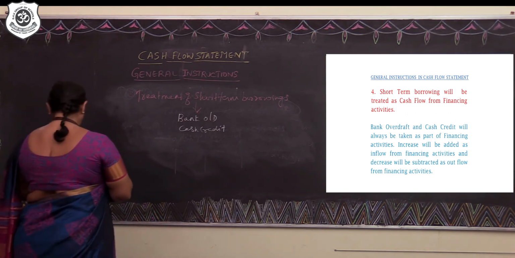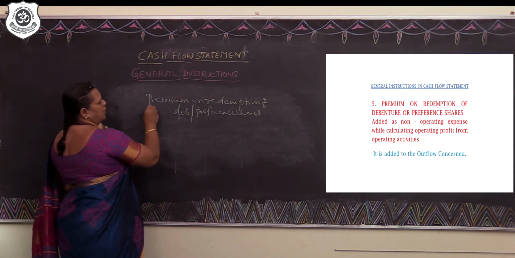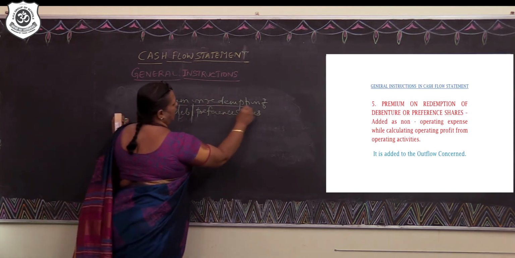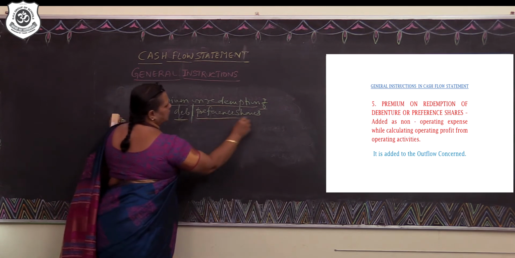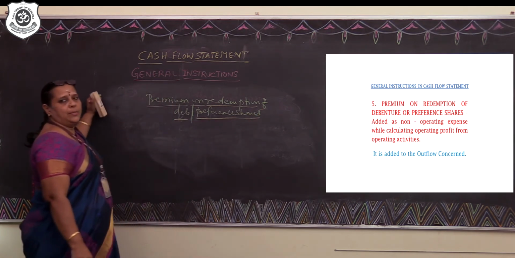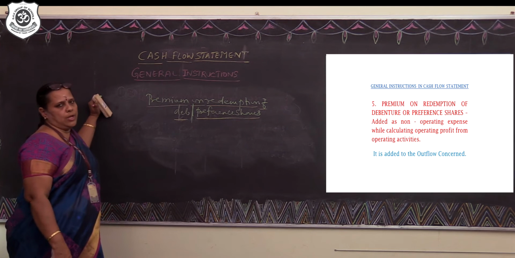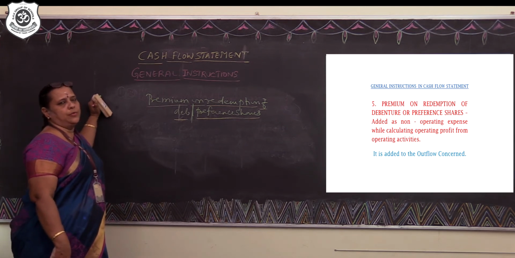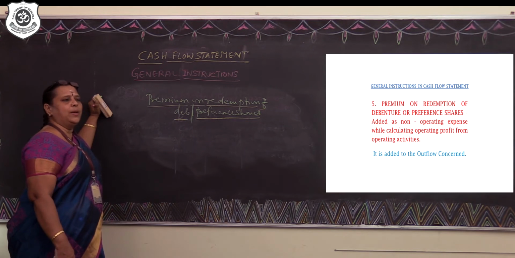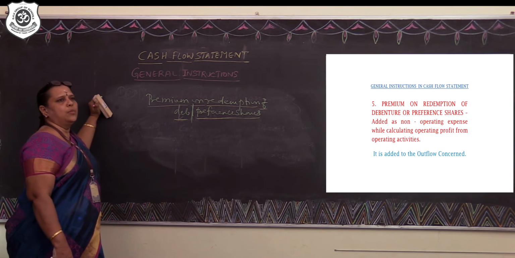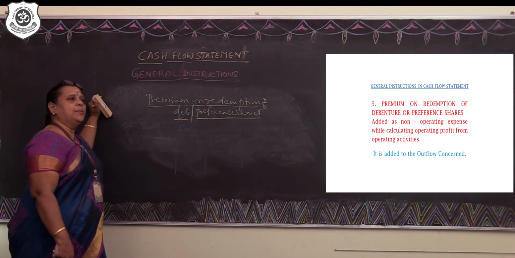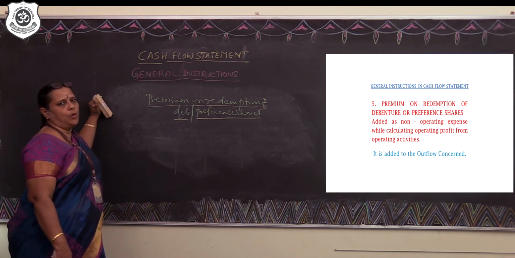The next is premium on redemption of debentures or preference shares. These are the additional funds which the company will have to pay to the debenture holders or to the preference shareholders when the debentures or preference shares are to be repaid. So, the company has committed to pay an extra amount over and above the face value at the time of redemption. Therefore, the company will make payment of premium on redemption along with the principal amount.